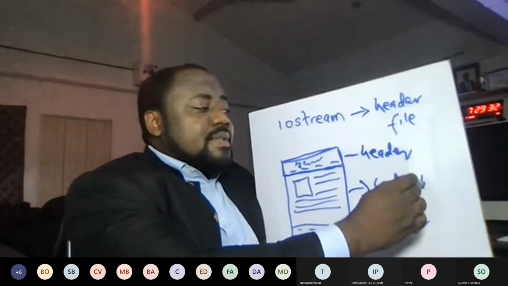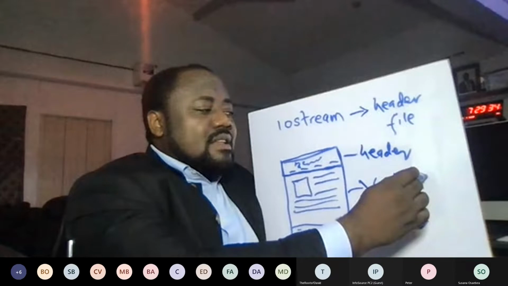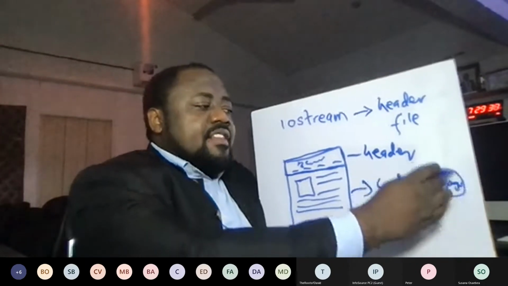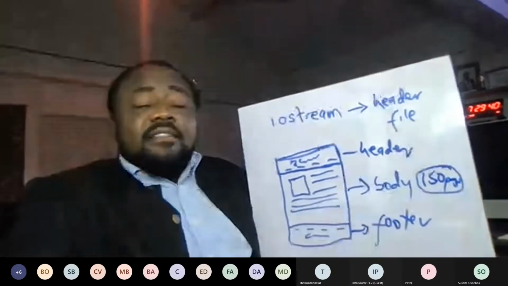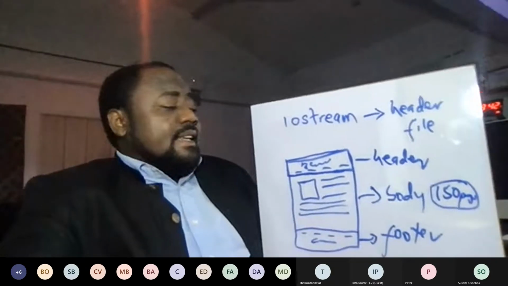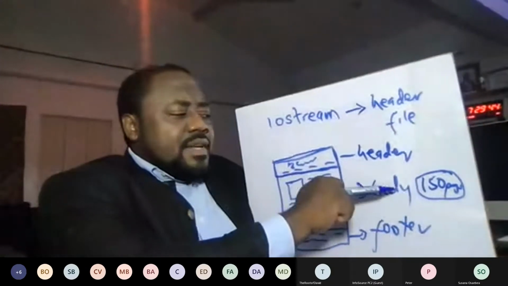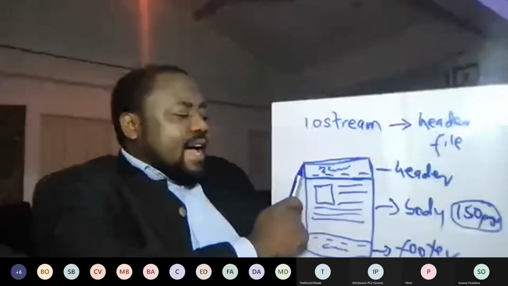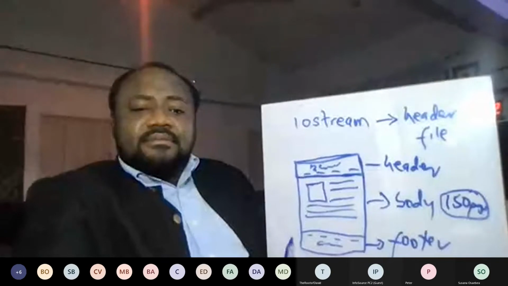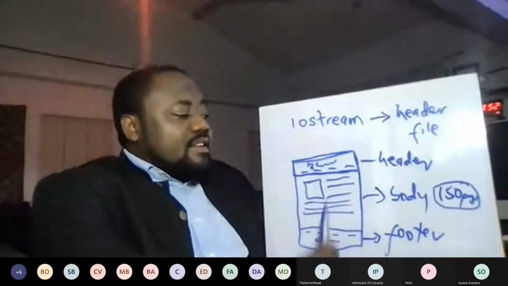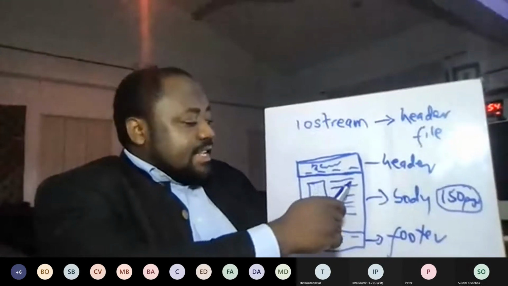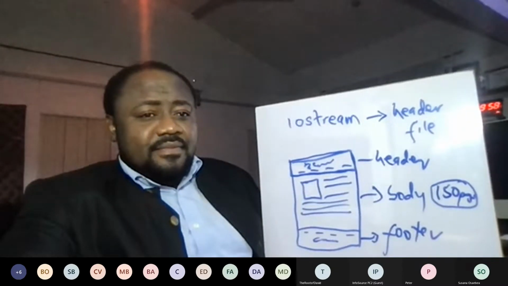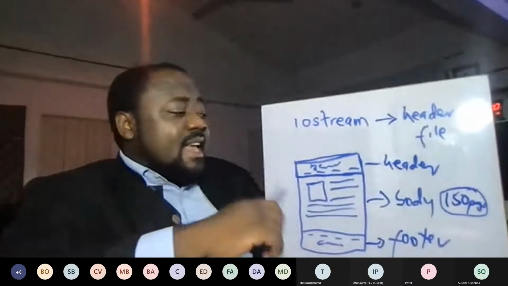At least a university website will have about, let me just give you, 150 pages. Now, with these 150 pages, almost every page has the same header, and almost every page has the same footer. It is the body that changes every time.